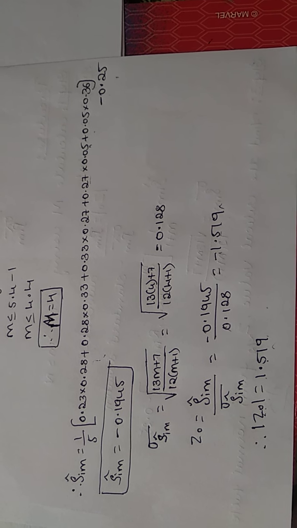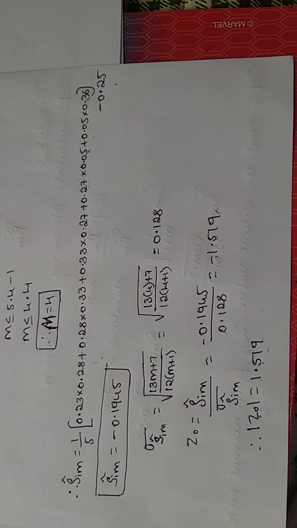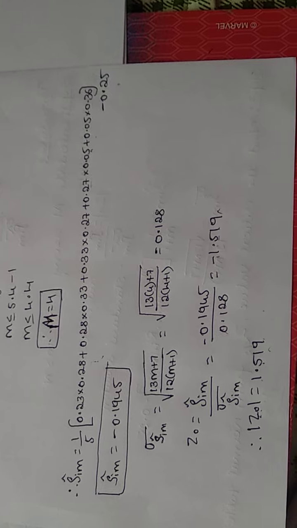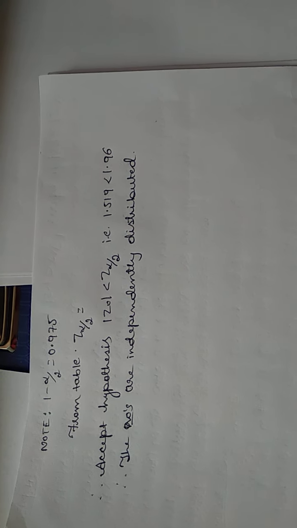In the previous problems you had D alpha, then Z alpha like that. But here you have Z alpha divided by 2. If you have Z alpha divided by 2, first you have to do it as 1 minus alpha divided by 2. This is the standard format of this problem. Alpha is 0.05, as given in the question.